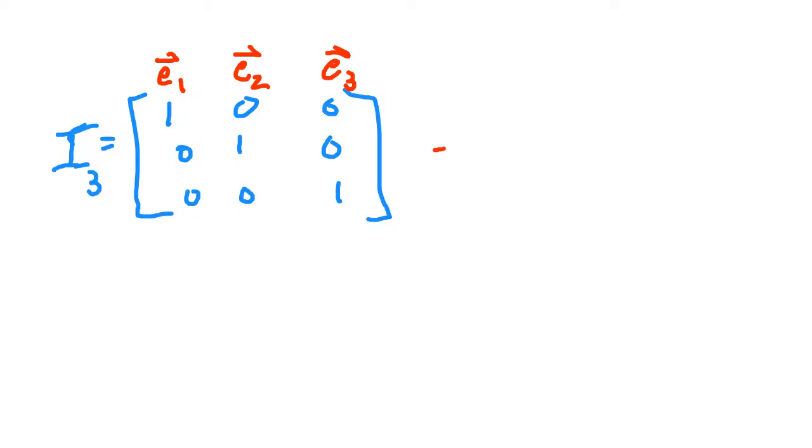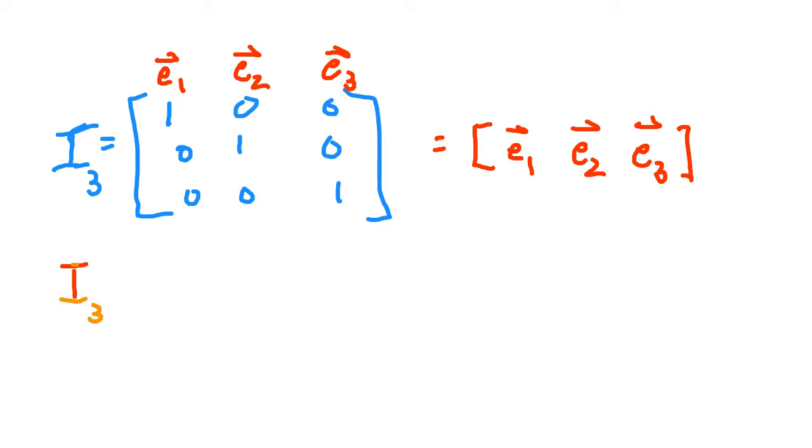So you can represent the matrix I3 in briefer notation this way. That's what they're doing. And by the way, if you had I sub 3 of the vector x, we have to be a little careful here.